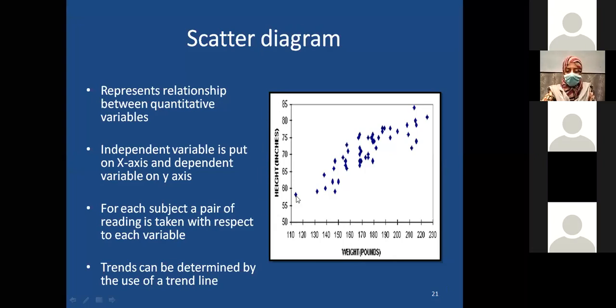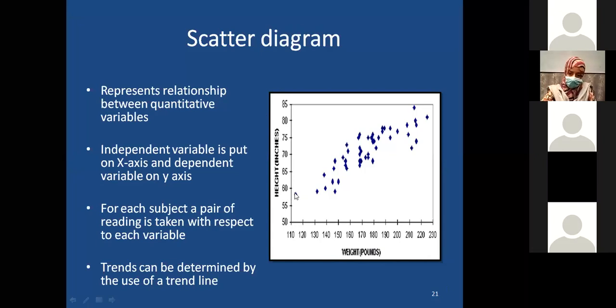And this one point represents one piece of information, one person. For example, if you have the weight in pounds of people here, this one person, his weight in pounds was 110 lb and his height was around 58 inches.